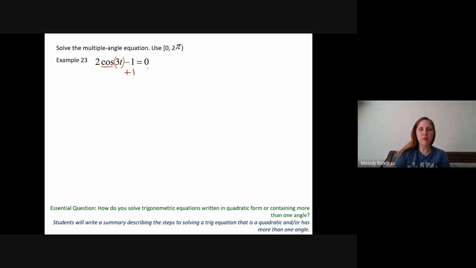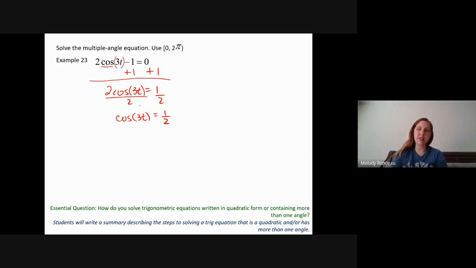So I'm going to start by adding 1 to both sides. And I get 2 cosine of 3t equals 1. And then divide by 2. And cosine 3t equals 1/2. All right, so when I do this problem, I'm still not going to worry about the fact that it says 3t.